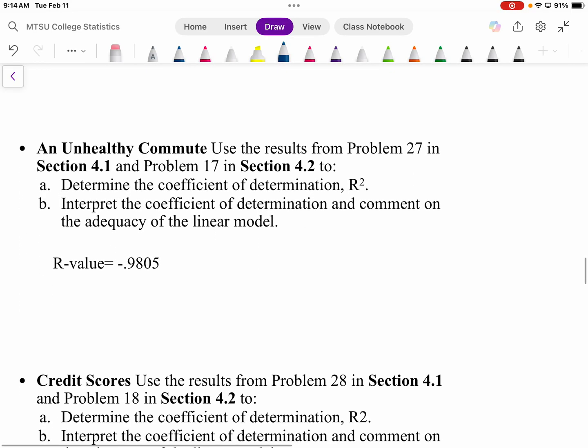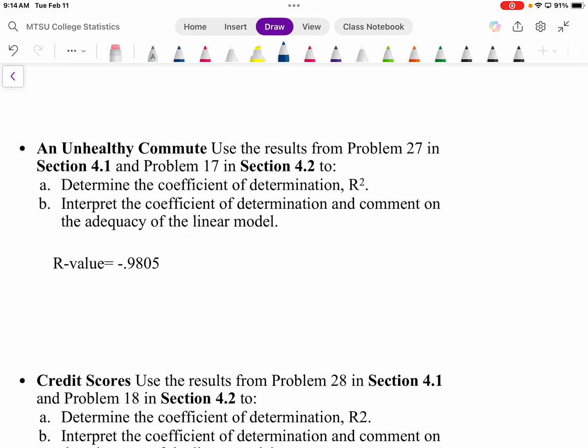So as we look at the next part, again, they wanted you to determine the R squared value. I went ahead and grabbed the R value from these problems because I'm not having you do it by hand through a long calculation. The only way you're doing it is with the TI-84, the technology way.